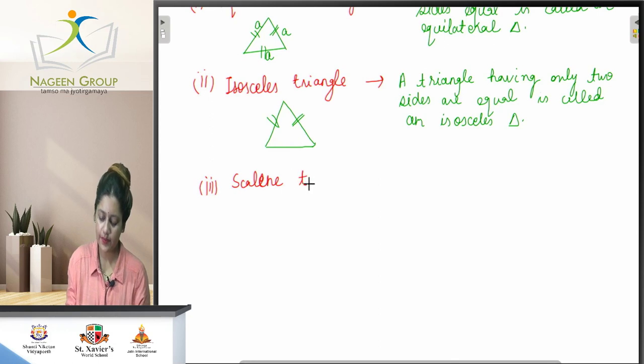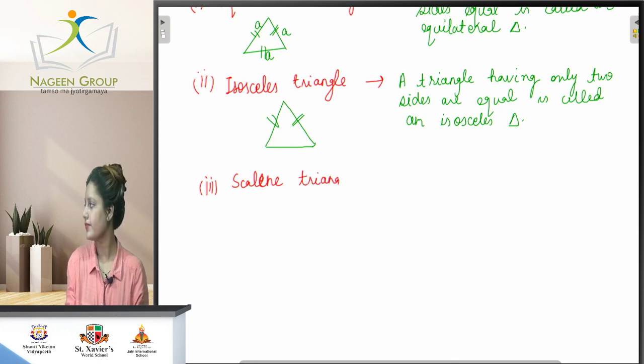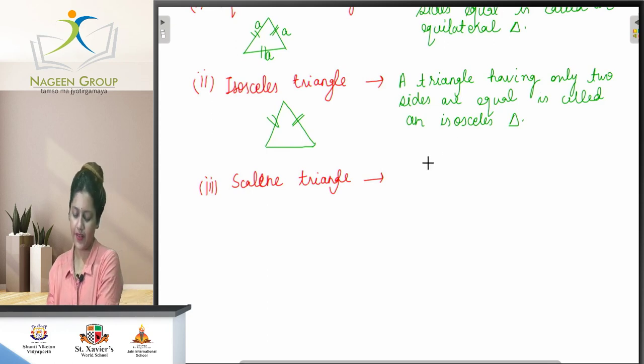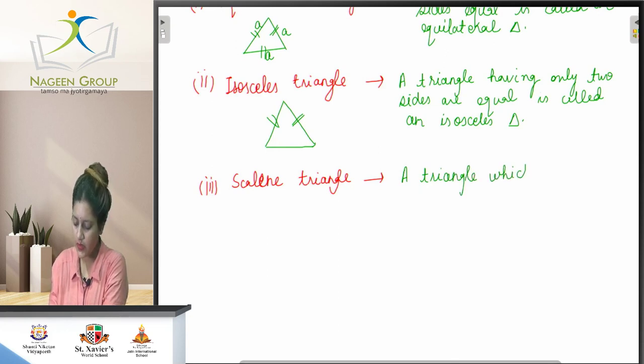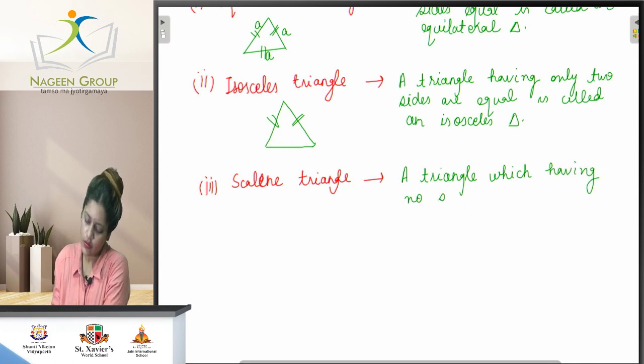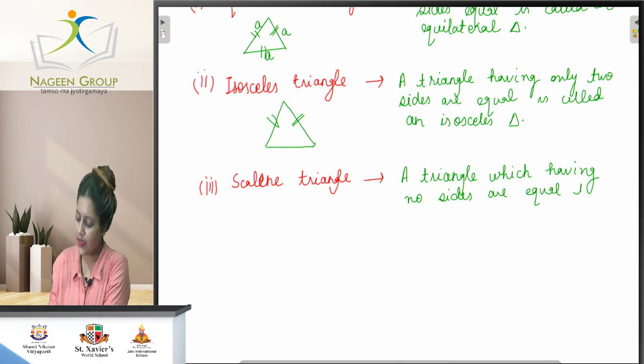Scalene triangle. A triangle which has no sides equal to each other.